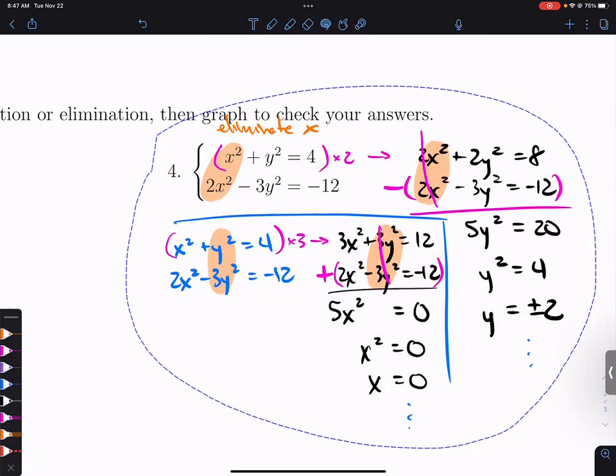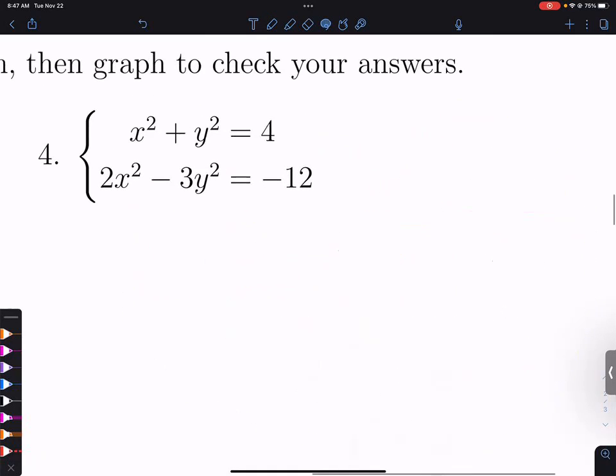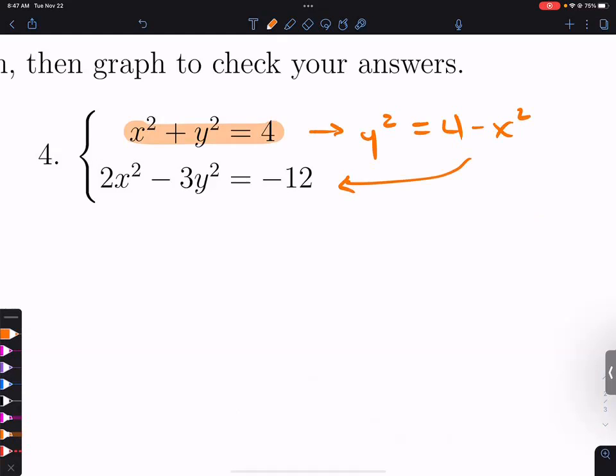Just for the sake of doing it, let's take this and solve for y, and then substitute it. So 2x squared minus 3, in place of y squared, I'm going to put 4 minus x squared.